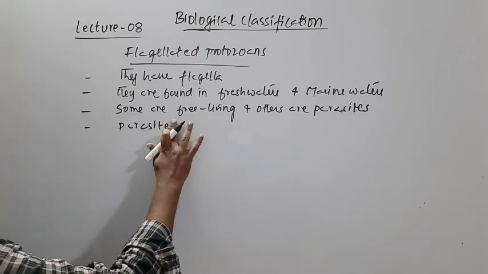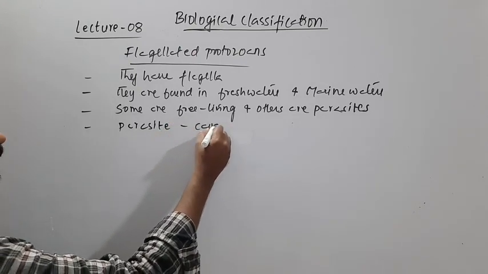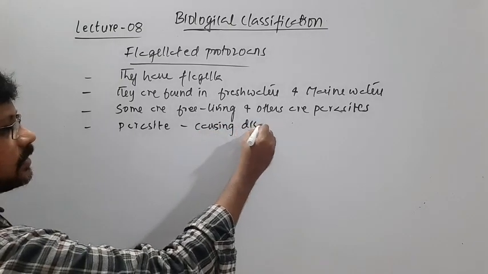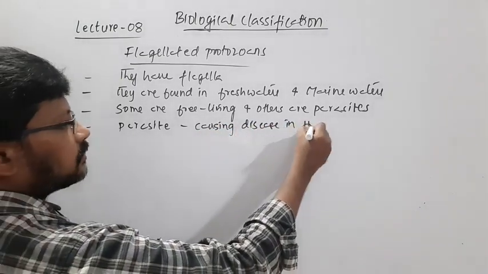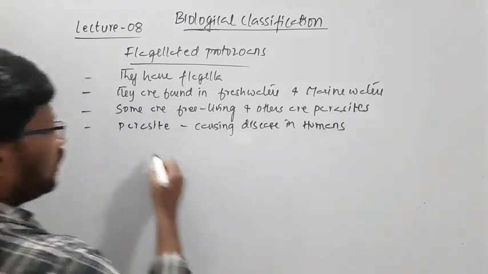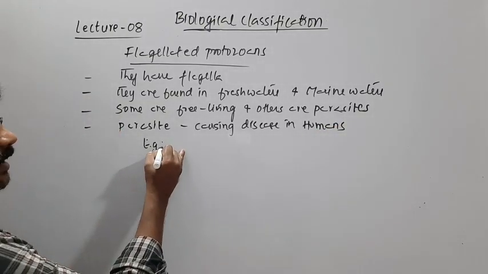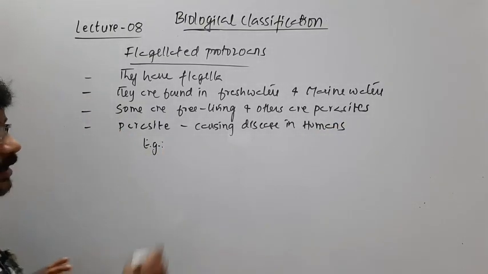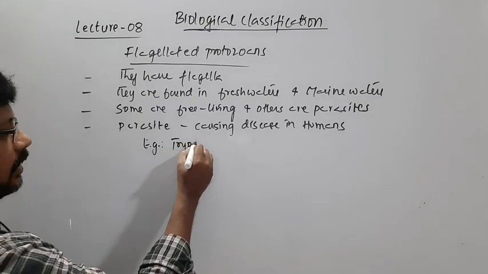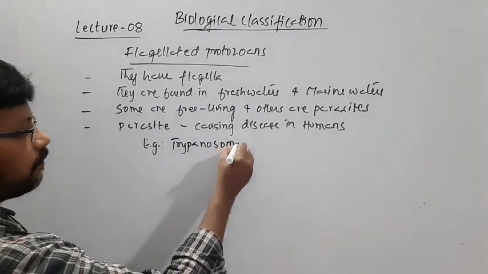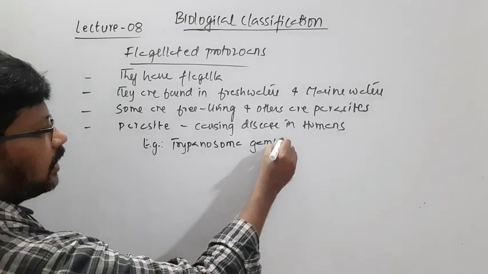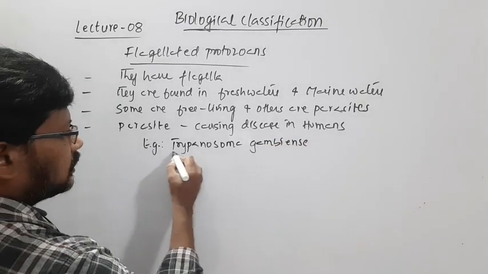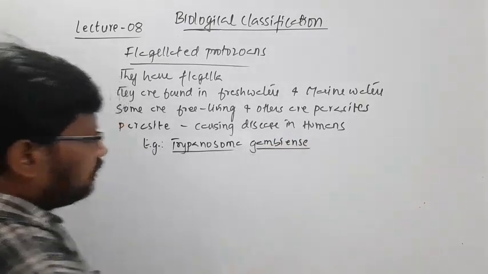One example of a parasite that causes disease in humans is Trypanosoma gambiense. So this is the complete scientific name.